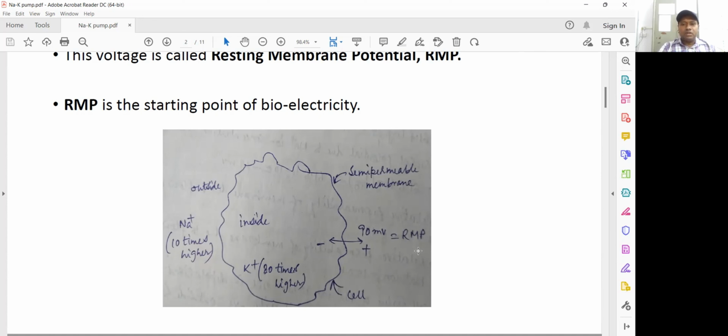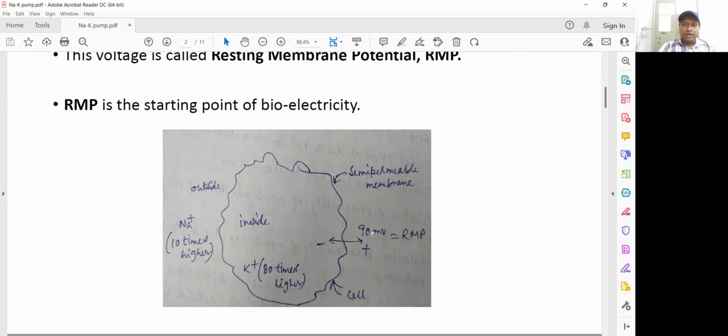Because with potassium ion concentration 30 times higher inside and sodium ion concentration 10 times higher outside, this value is not changing due to these concentration gradients. This is why it is called the resting membrane potential, and it has been generated as 90 millivolt.